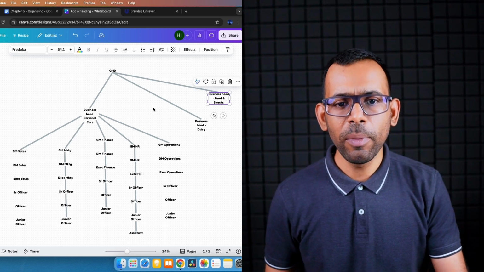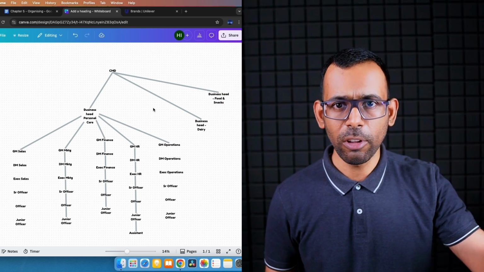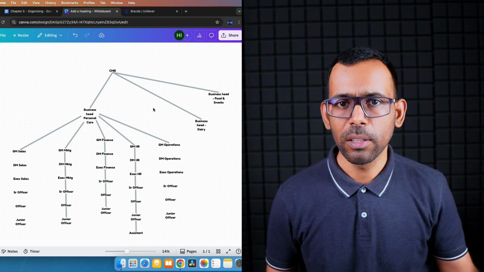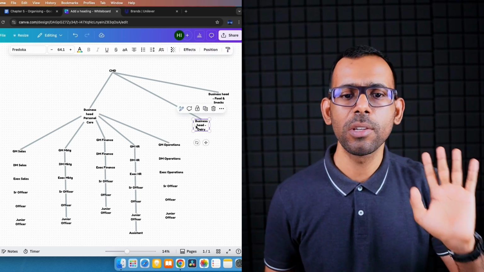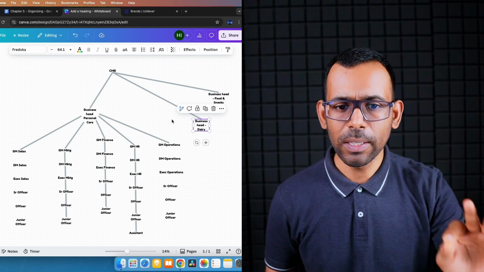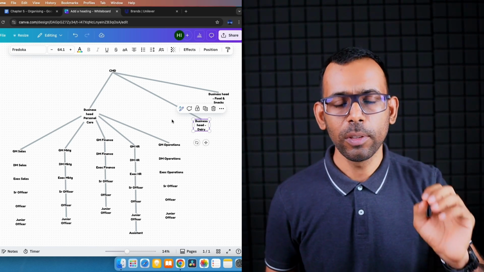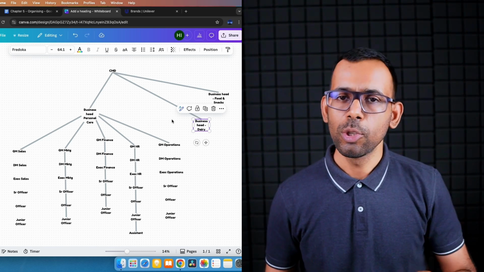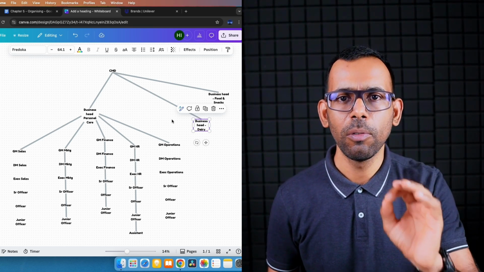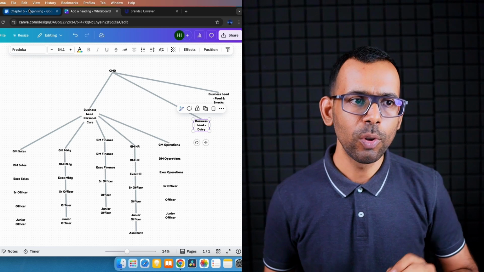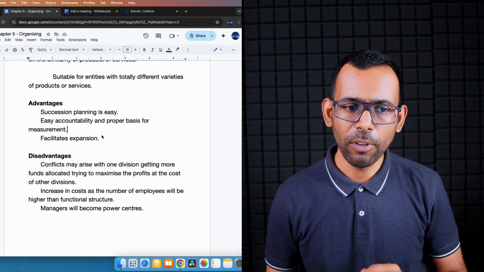If the company has made X amount of profit, and every other division has contributed a good amount to this profit, but your division, let's say dairy, is not making profit, the dairy division business head alone will be caught. That person alone will have to answer. So they can pinpoint the problem easily. Overall, the dairy division is not functioning properly. What is the reason? So, easy accountability and proper basis for measurement.